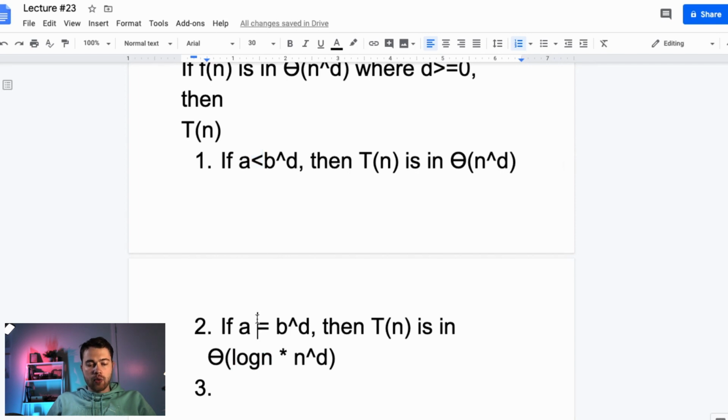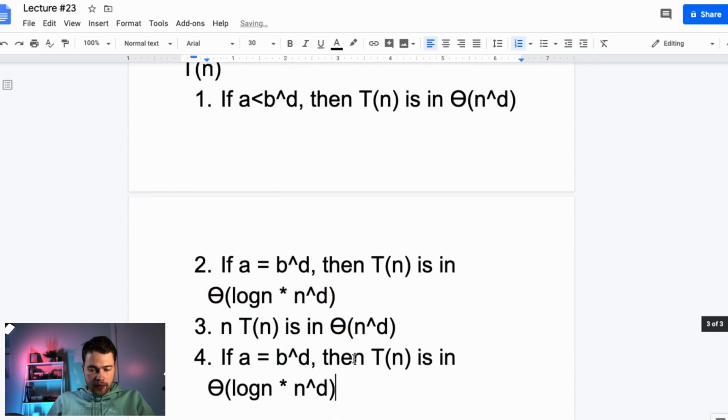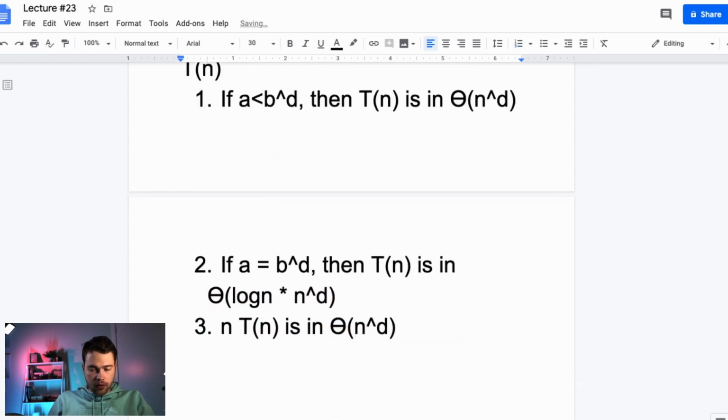Now we have the case of a equal to b to the d, and the only thing left is if a is greater than b to the d.